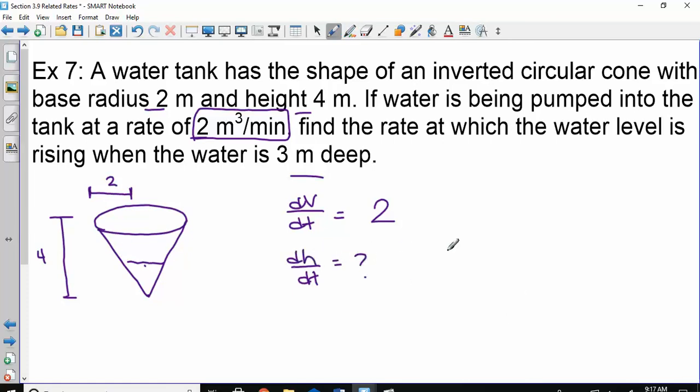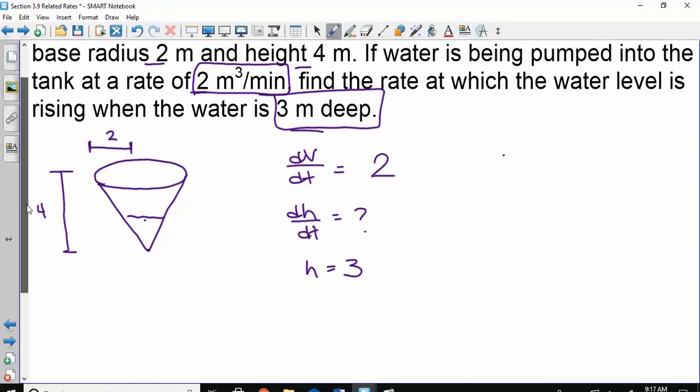We're looking for dH dt. When the water is 3 meters deep, what does the 3 represent? That's our H. So we want to know how that water level is changing at the instant when it has a height of 3.